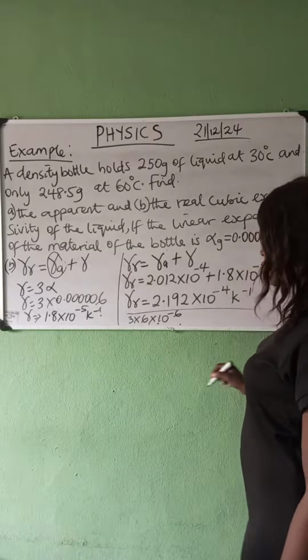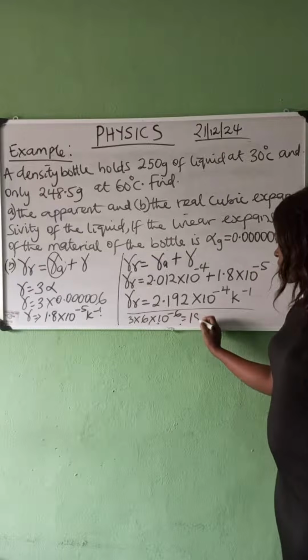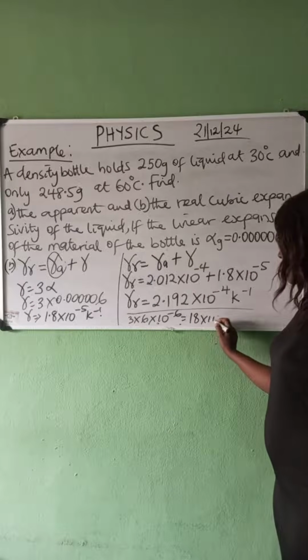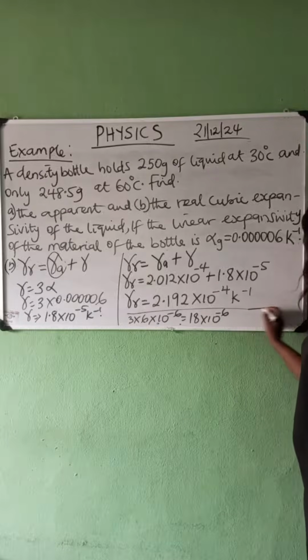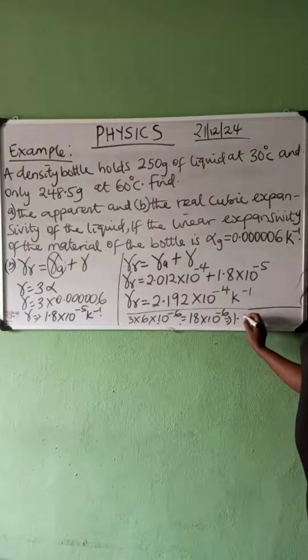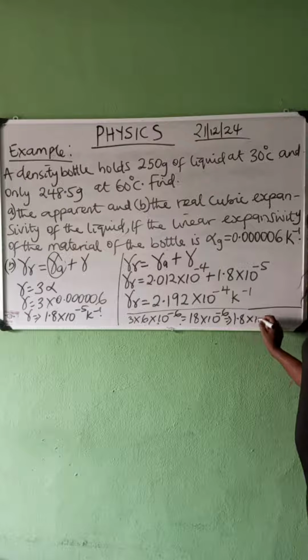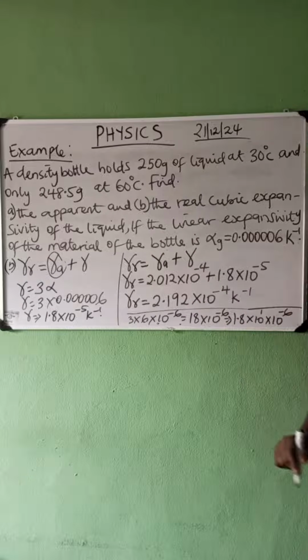So if that is the case, 3 times 6 is 18. 18 times 10 raised to the power minus 6, right? Now 18 is the same thing as saying 1.8 times 10 raised to the power 1, times 10 raised to the power minus 6, right?